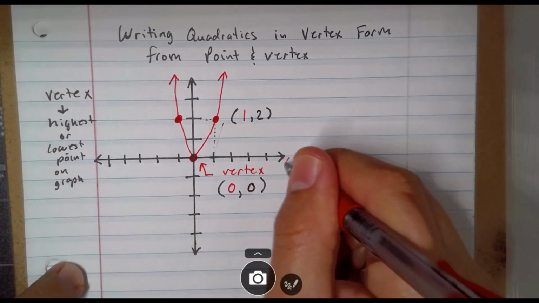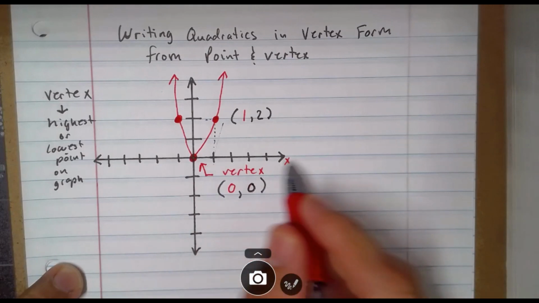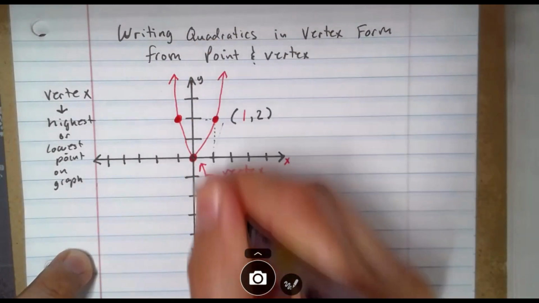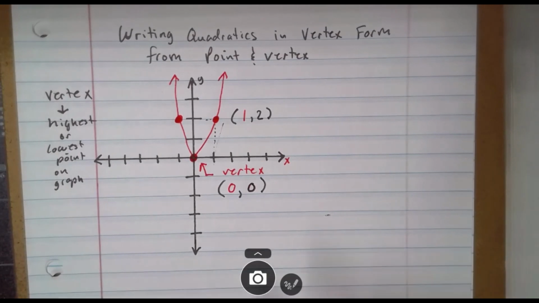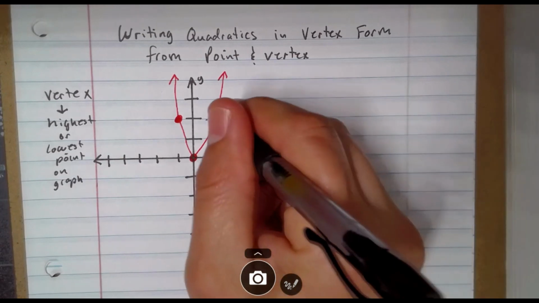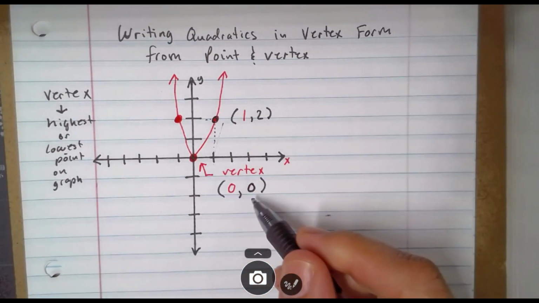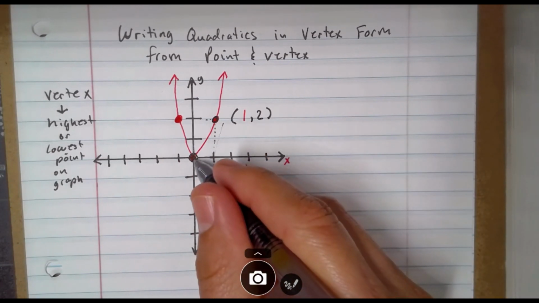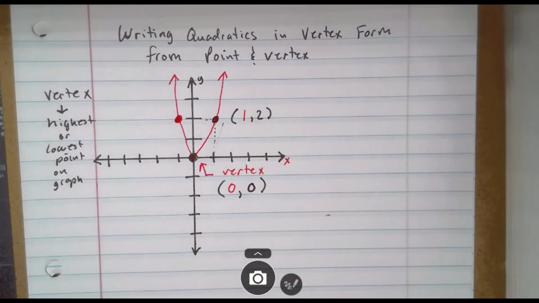When I say x, we're talking about the x-axis that runs left and right. When I say y, that's how far up and down it goes, the y-axis. So now I've got an ordered pair that represents a point on my parabola, and I have the vertex, which happens to represent the lowest value on this graph.